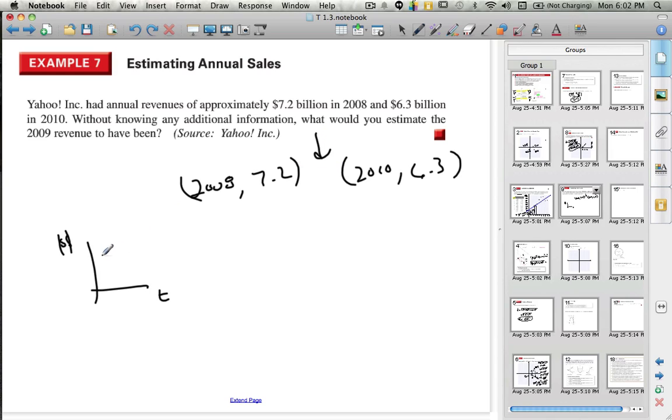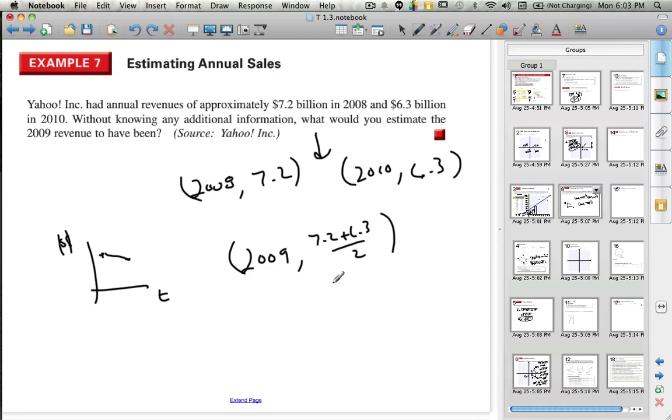Well, if you think of this as a line segment, 2009 would be halfway between these two. Because that's the average between 2008 and 2010, I could do 7.2 plus 6.3 divided by 2, and I would be finding the midpoint.